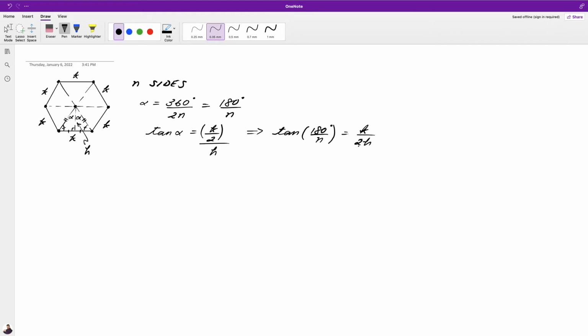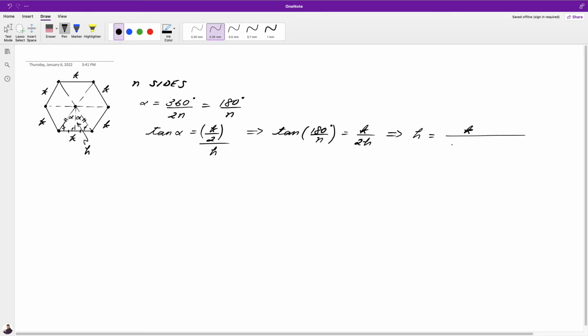So now we're going to be interested in solving for h. Multiplying both sides by h, dividing both sides by the tangent of 180 over n, h is going to be equal to k over 2 tangent of 180 degrees over n.